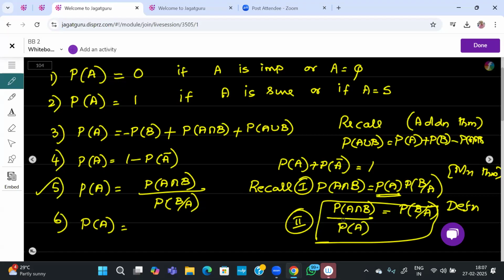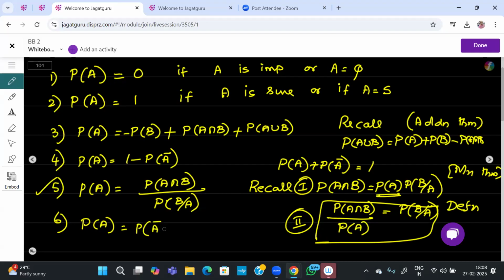But apart from this, there is something very important from which P(A) can be got. Let me see who recalls that. P of not A intersection B. Yeah, not A. Actually, sorry.